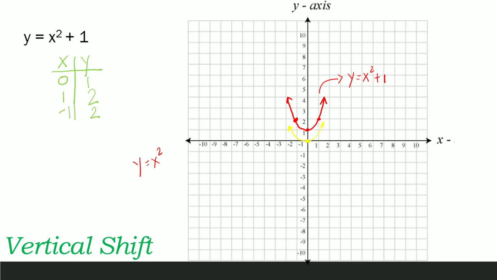So, ibig sabihin from here, y equals x squared, yung graph natin ay tumaas ng 1 unit. Okay? So, the vertical shift comes from adding a constant to y equals x squared. So, that is y equals x squared plus 1, 1 unit upwards coming from y equals x squared kanina na nandun sa origin ang vertex.